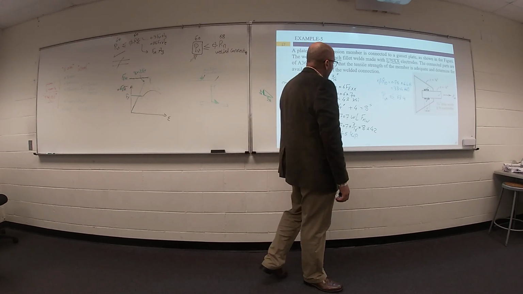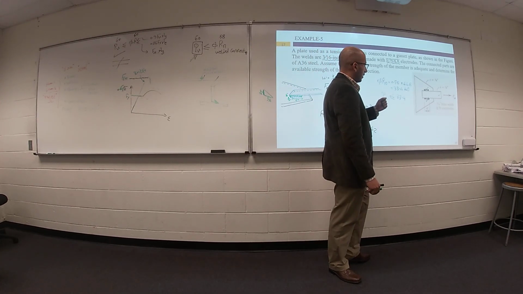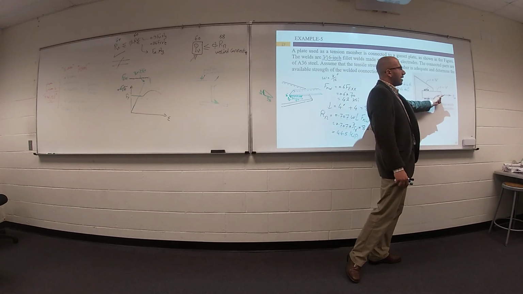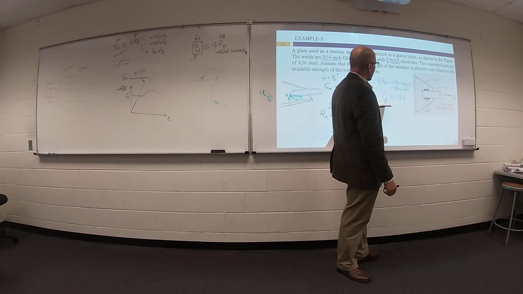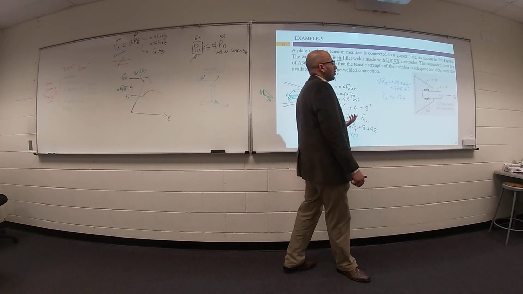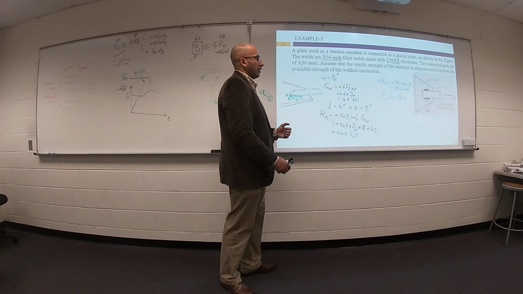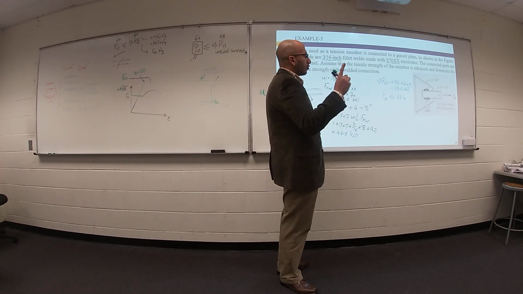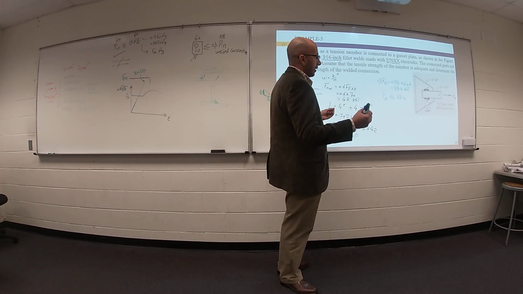What will happen if your P ultimate from structural analysis in your member is greater than your design strength? What should I do? We have three options, but we will start with the easiest one.